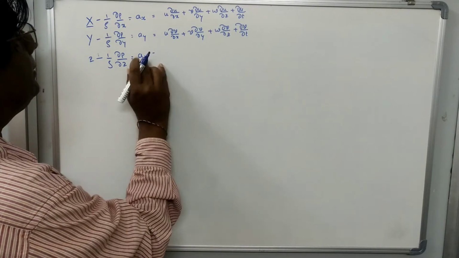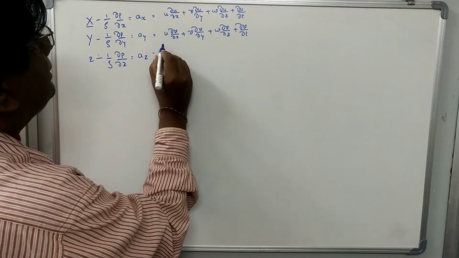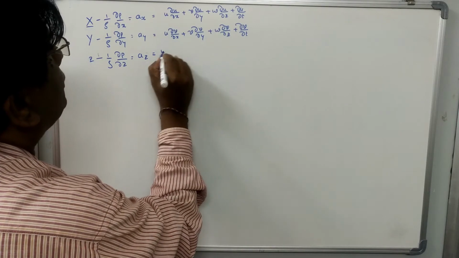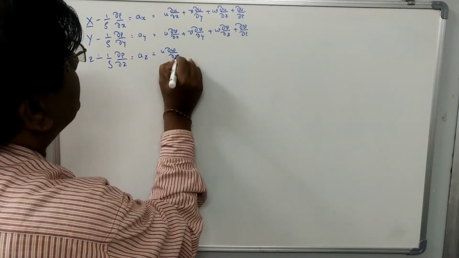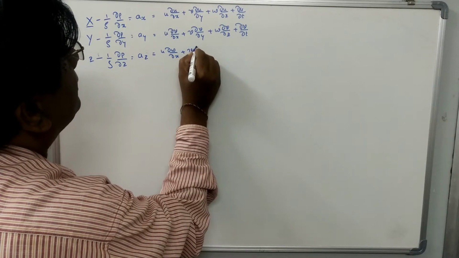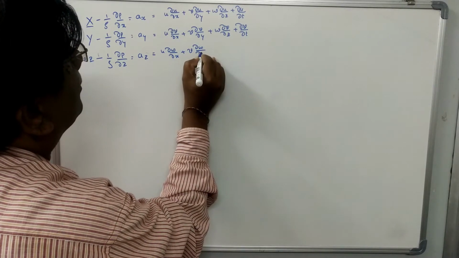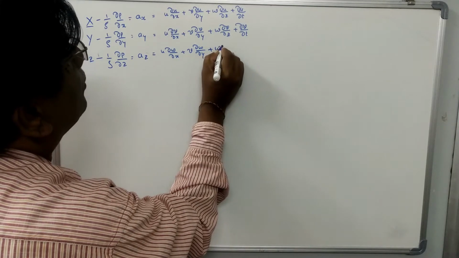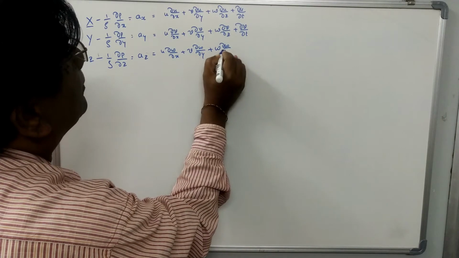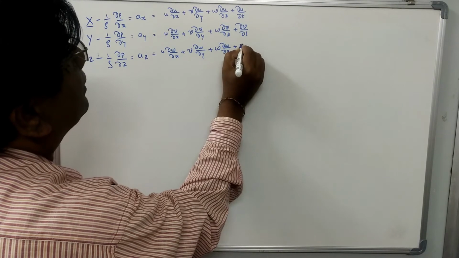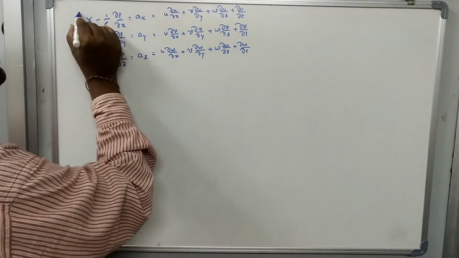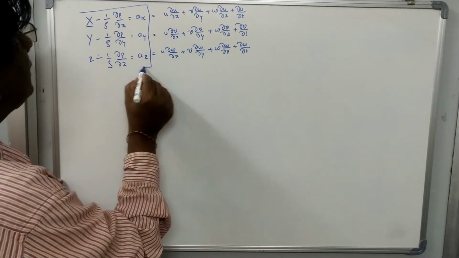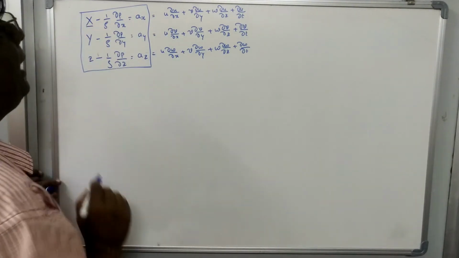Then similarly, this is az, which is equal to u ∂w/∂x plus v ∂w/∂y plus w ∂w/∂z plus ∂w/∂t. So this is the motion equation in terms of acceleration.